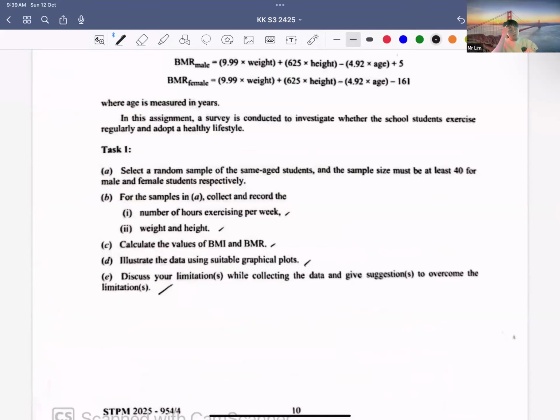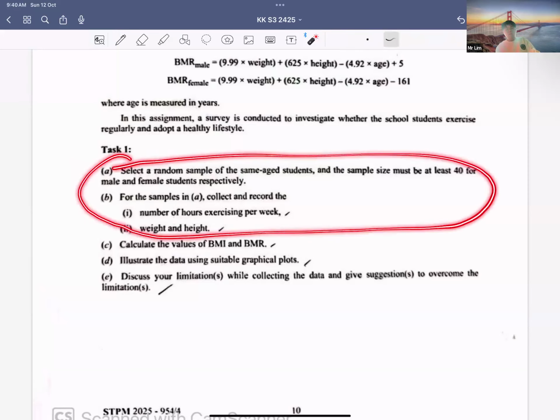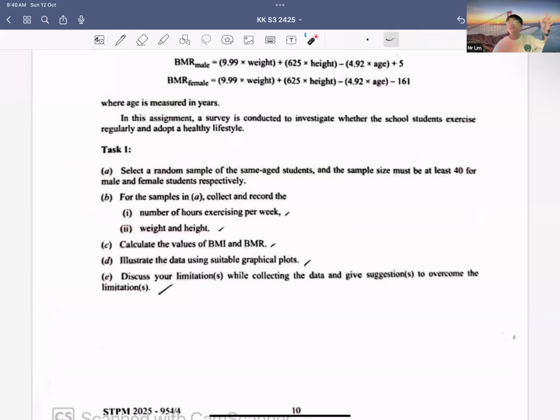So what you can do now, I believe most of you should have already looked at your task 1, and you should already have carried out your own Google form to collect the data, right? So before you watch this, make sure you have already completed this one, A and B, which is the collection of data, done by yourself.